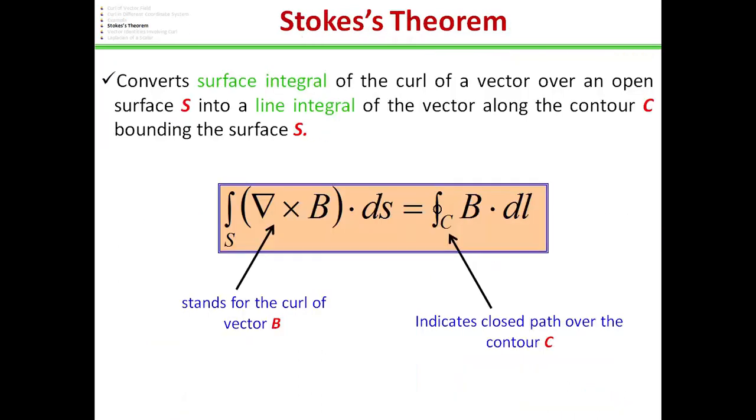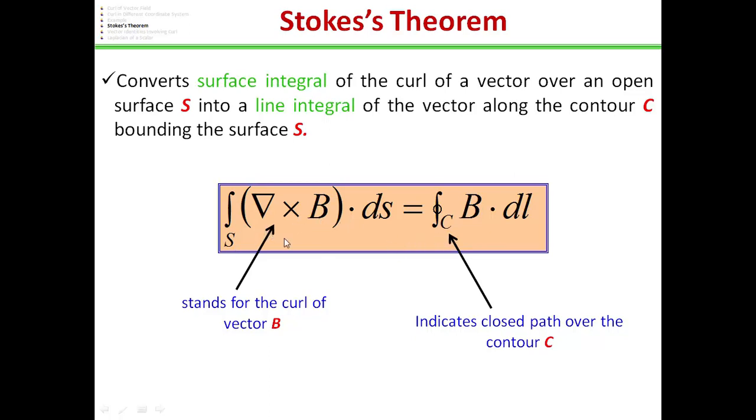Now Stokes theorem. It states that the surface integral of the curl of a vector field over an open surface equals the line integral of the vector field over the closed curve bounding the surface area. That is, it is used for replacing the line integral by a surface integral and vice versa.